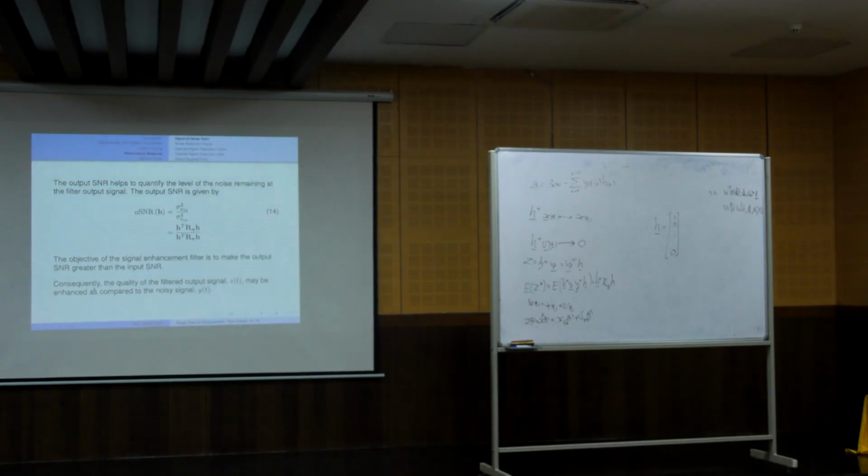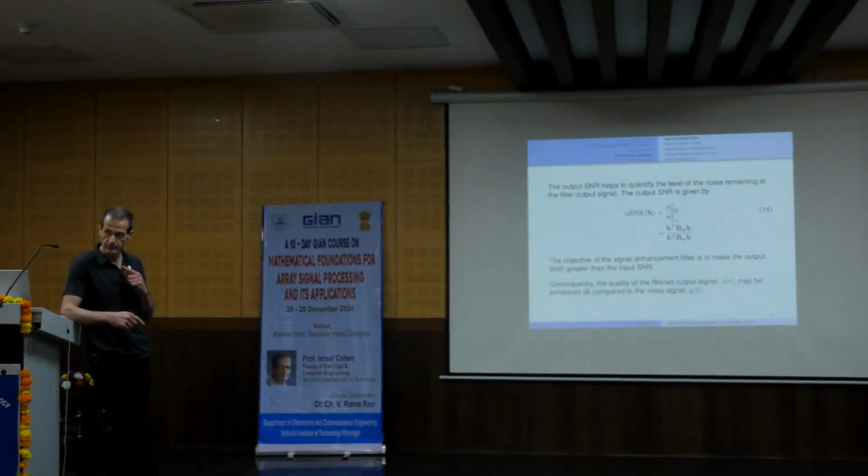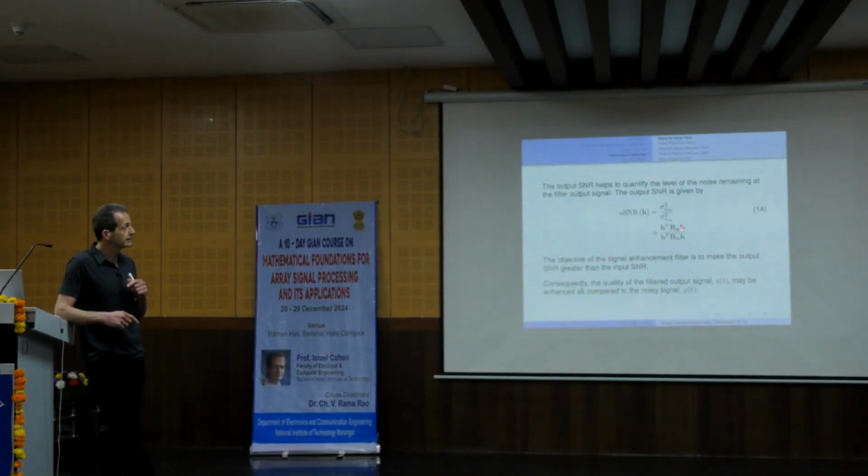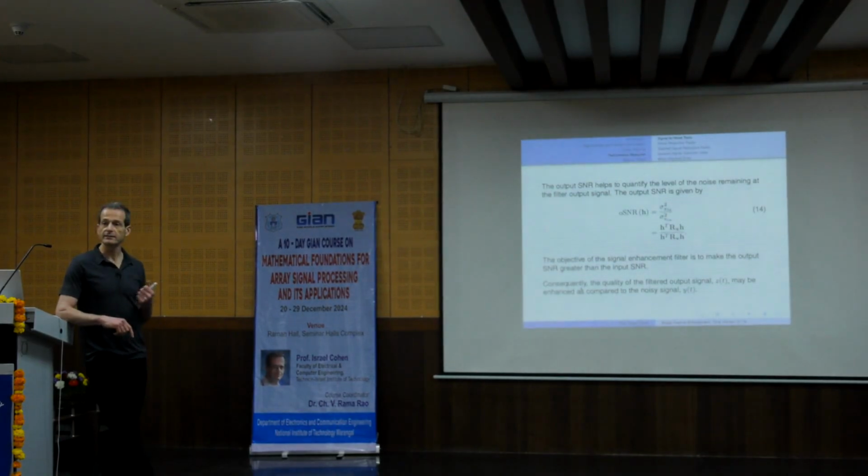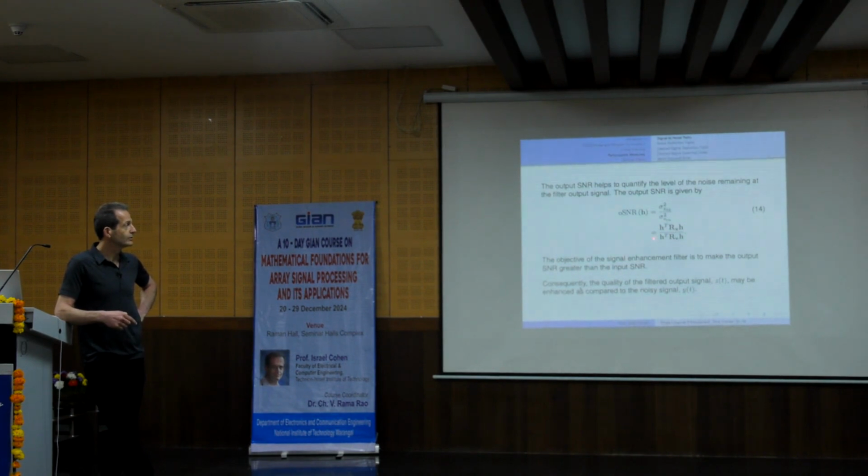Which filter maximizes the gain in SNR? How do I define it? So which H maximizes this ratio? Okay? It's possible to solve it. Actually, it's not difficult. It's also possible to prove it. There is a way to maximize this ratio.